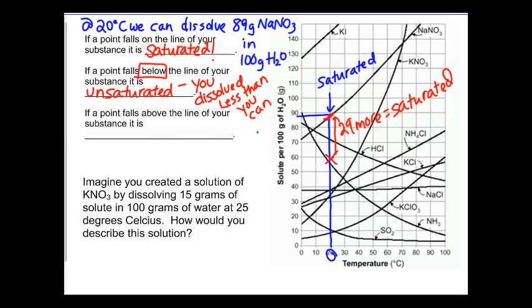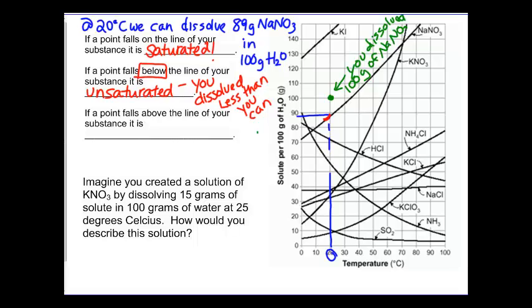Right? But what if you heated it up and then cooled it slowly? Let's say, for the same substance, let's say this time you dissolved 100. Okay? You're here. Well, 89 is saturated. So if you dissolved 100 of the NaNO3 at this temperature, 20 degrees Celsius, then you are above the line.